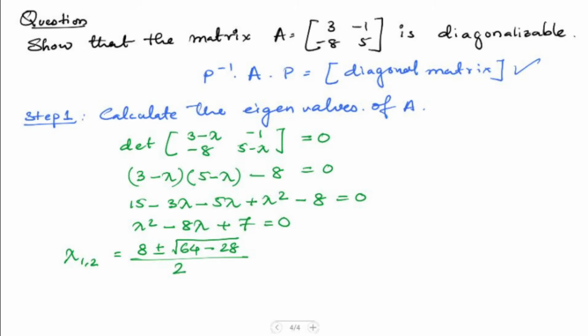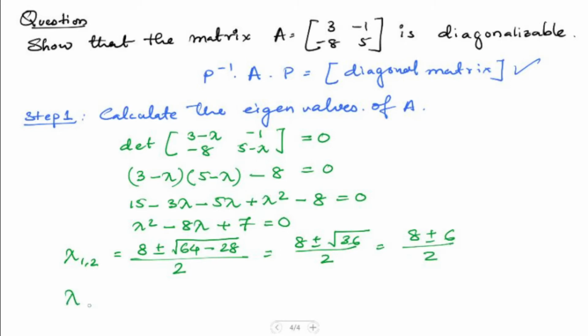If we solve this further, let's go ahead and solve it straight away. Here we have 8 plus minus square root of 36 divided by 2, and that is equal to 8 plus minus 6 divided by 2.